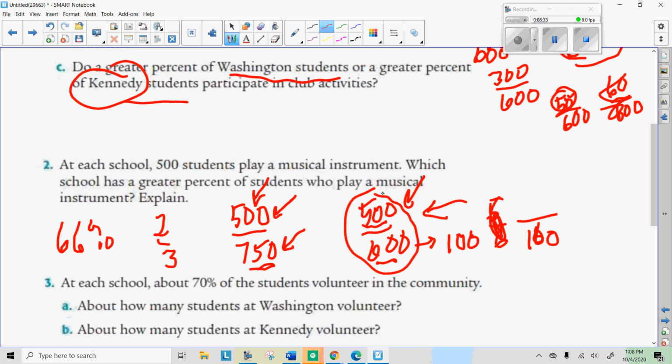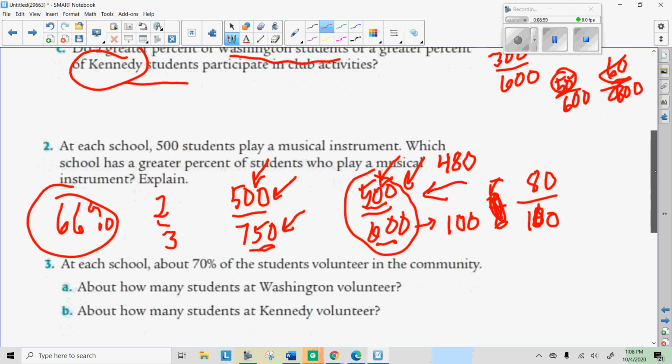So now we have to think, can I divide this 500 by 6? Not perfectly, but 480 is divisible by 6, and that's about 80. 8 times 6 is 48, so 80 times 6 is 480. So this is going to be a little bit more than 80%, which is quite a bit higher than 66%.